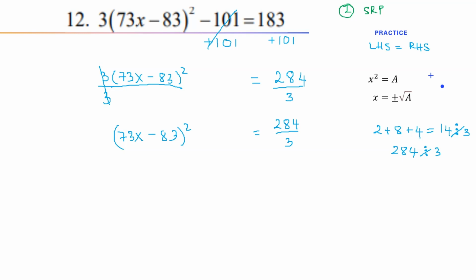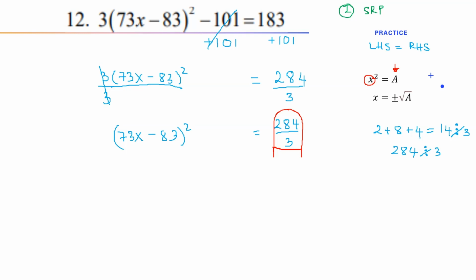But now this is our big A, right? The big A right here. And we have the square, so the whole thing will be x, right? Inside the parentheses will be x.